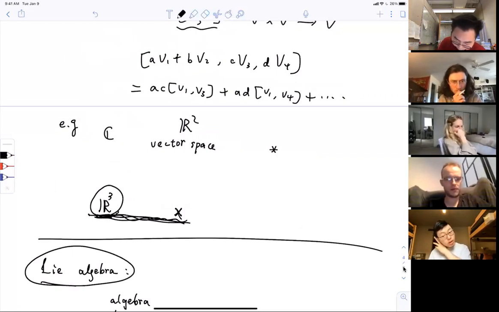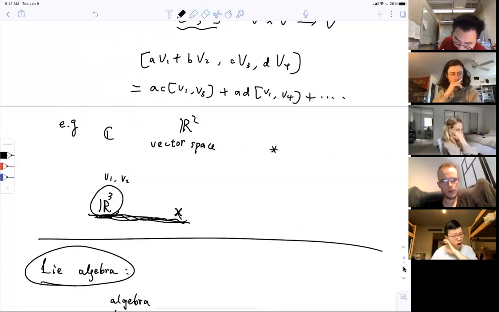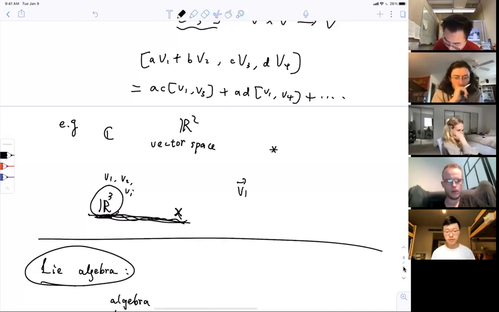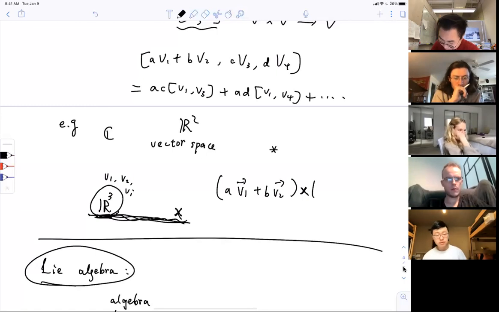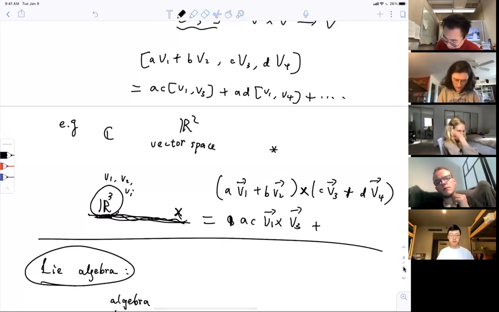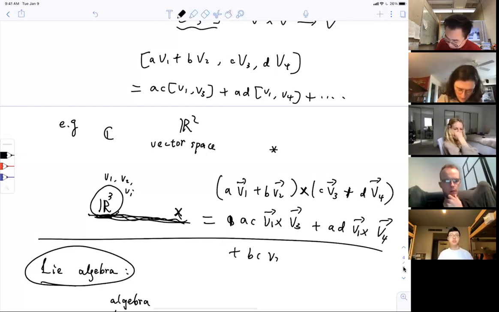Let's assume the elements in this vector space are v1, v2, generally v_i. Then (a v1 + b v2) cross (c v3 + d v4) equals ac v1 cross v3 plus ad v1 cross v4 plus bc v2 cross v3, and so on.